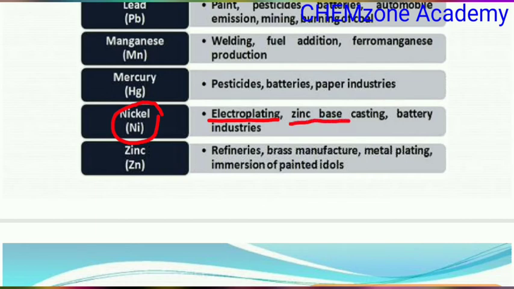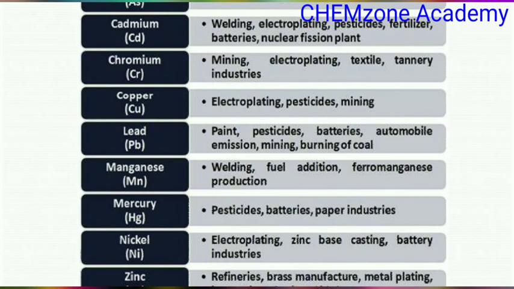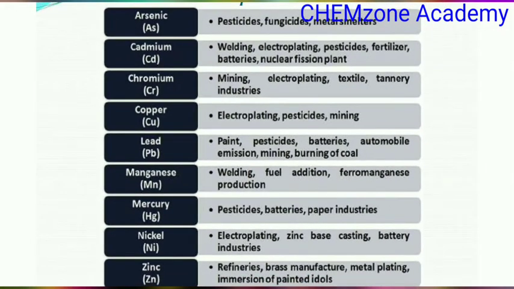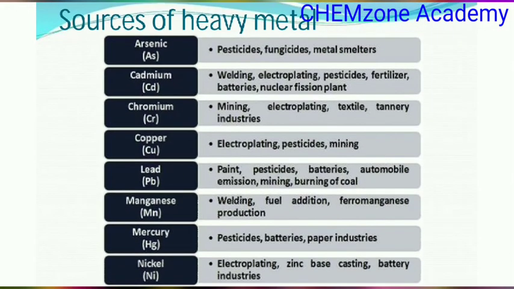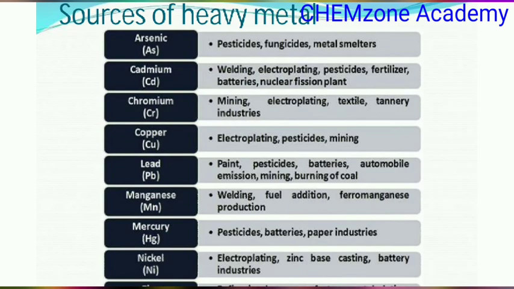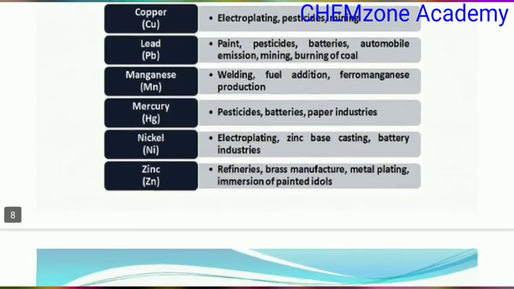Zinc: base castings, batteries industry, refineries, bronze manufacture, metal plating, immersion of paint. It's very important, so if you are studying these, please take a screenshot of this, because it's going to help you a lot.